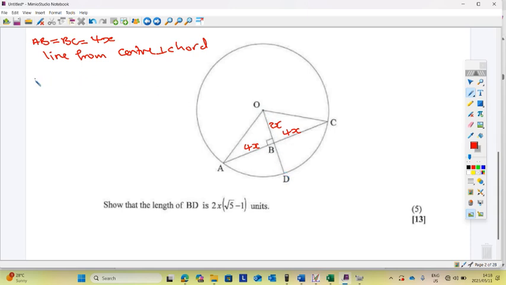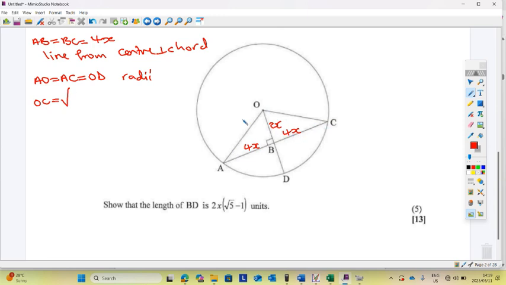So you should notice that OA is equal to OC, and that is equal to OD. That is the reason. And then we can use this triangle to calculate the length of the radius.